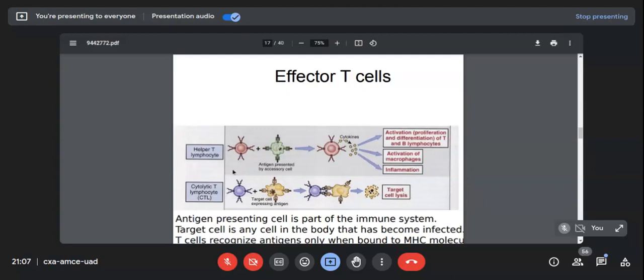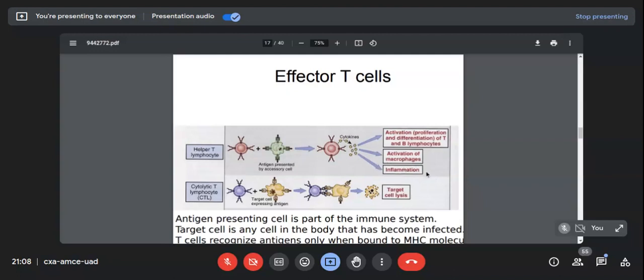So to give you a glimpse of what alpha T cells are: when they recognize an antigen that is presented to them, they secrete some specific cytokines. Cytokines are just chemicals produced by an immune cell, which can activate more T and B cells, or activate macrophages, or bring about what we call inflammation.